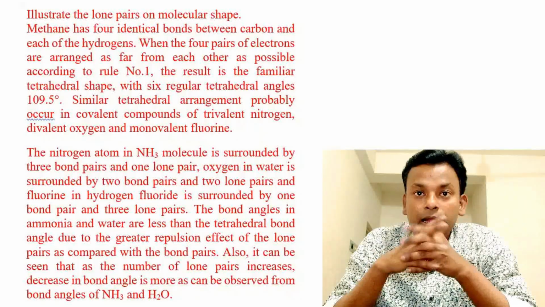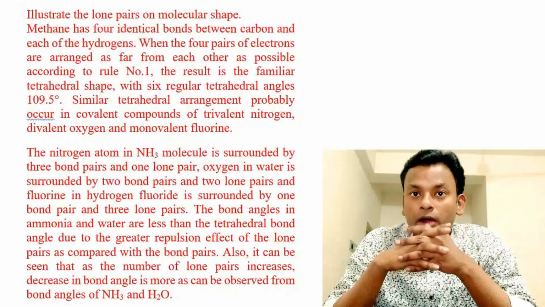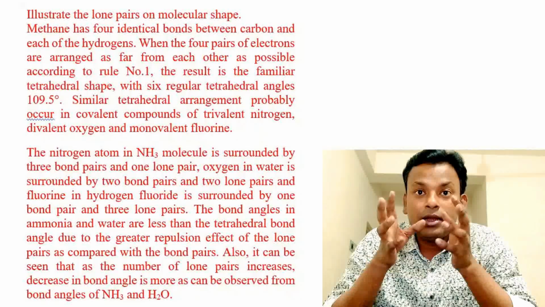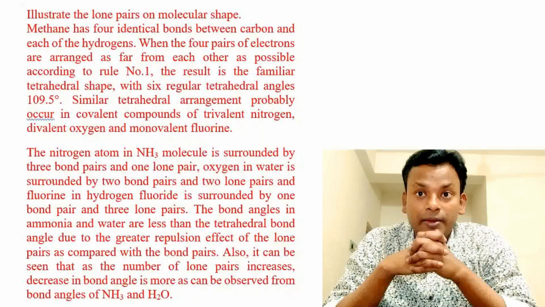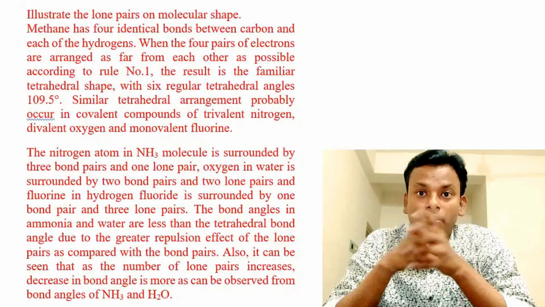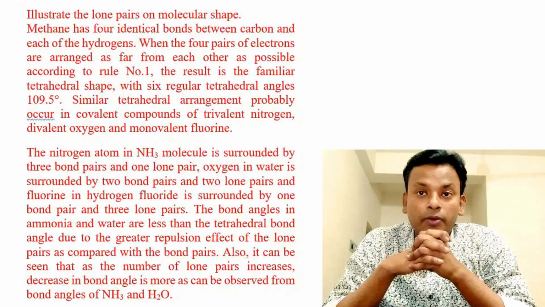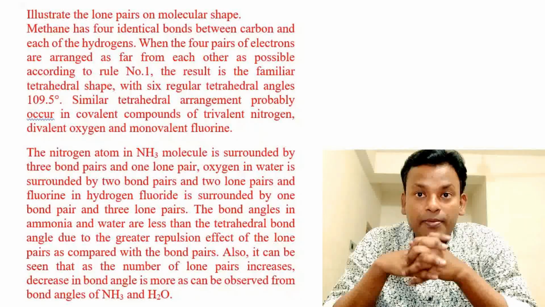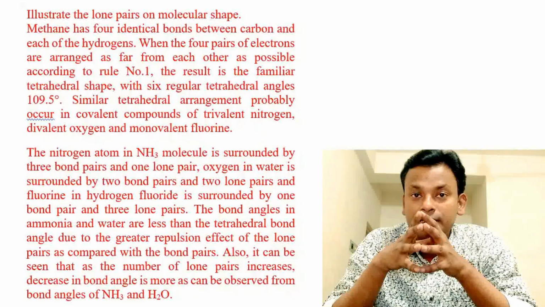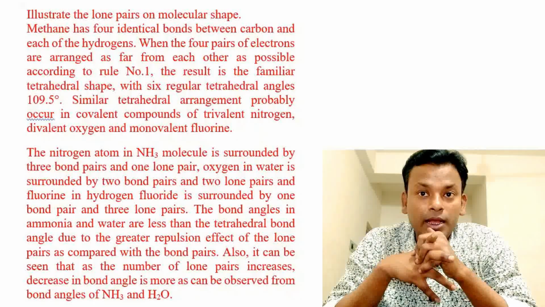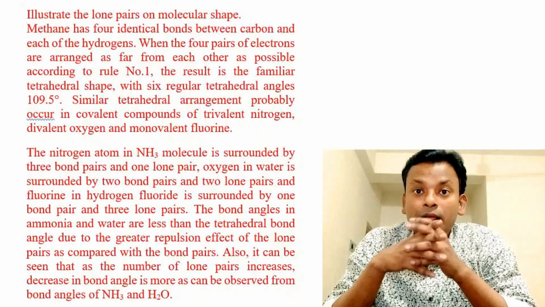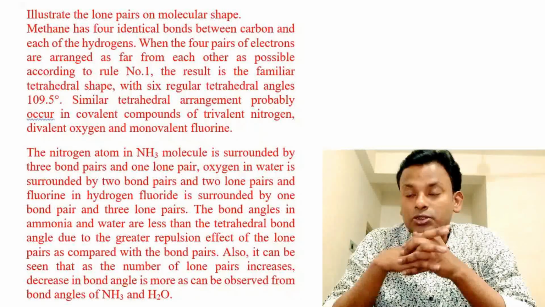The bond angle in ammonia and water is less than the tetrahedral bond angle due to the greater repulsion effect of the lone pair as compared with the bond pairs. Also, it can be seen that as the number of lone pairs increases, the decrease in bond angle is more, as can be observed from the bond angles of NH3 and H2O.